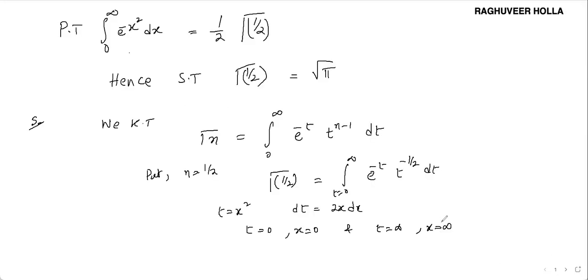Now let us substitute t as x square, dt as 2x dx, and also the limits. So this would be gamma half equal to the integral from 0 to infinity, x being 0 to infinity, of e to the power of minus x square, this is 1 by x, 2x dx.